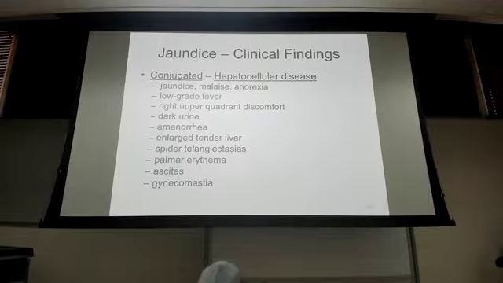So if you're seeing any of those signs and symptoms, and when your labs come back on your jaundice patient and it's more conjugated than unconjugated, then we're looking at liver proper with those signs and symptoms being a possibility. Very different from our patient presentation on the last slide of our unconjugated causes for jaundice.